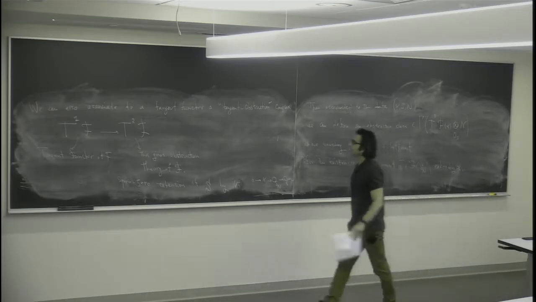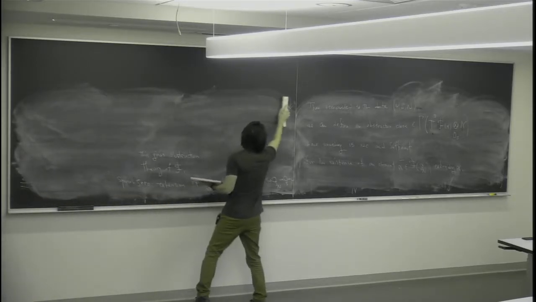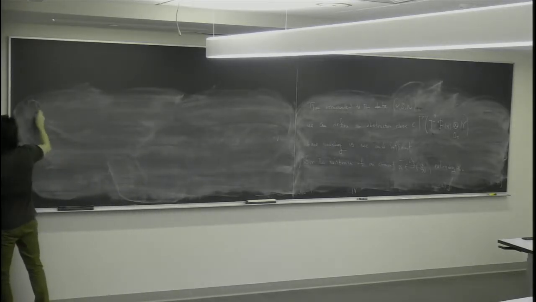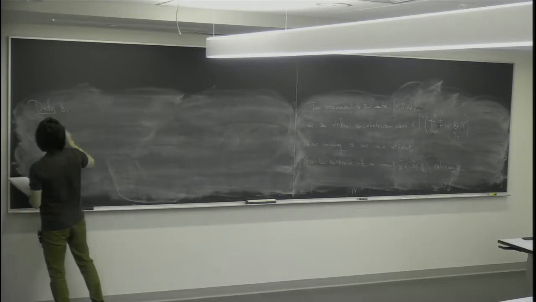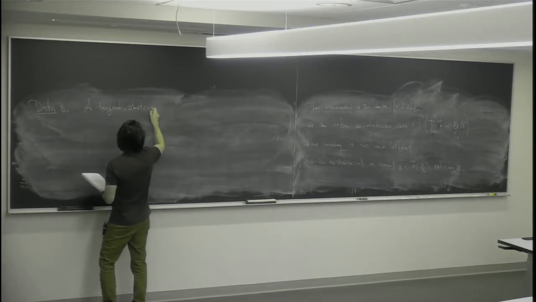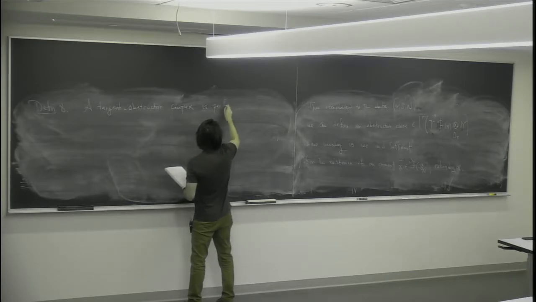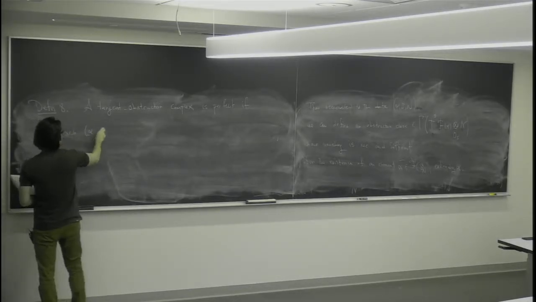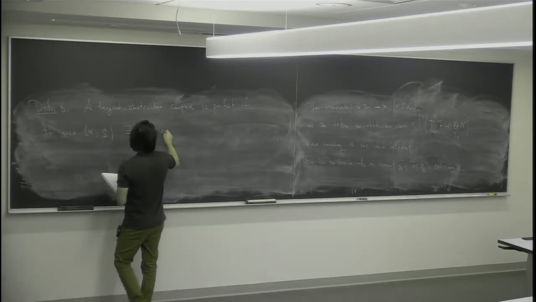A tangent obstruction complex is perfect if for each piece of data alpha and S there exists, at least locally on S, a two-term complex of locally free sheaves of O_S modules.